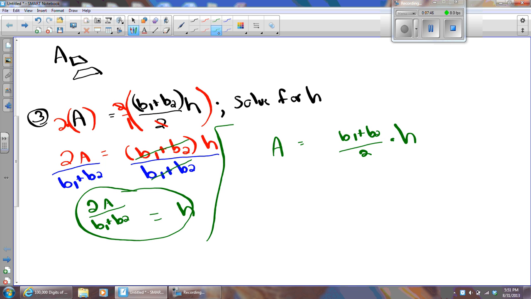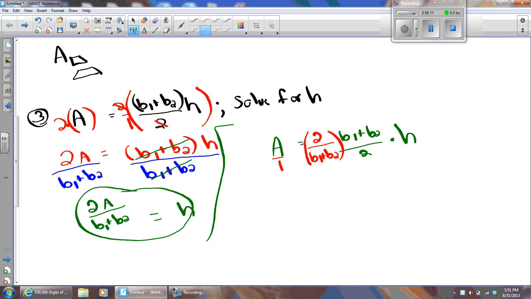Now, I know that I'm going to multiply by 2 and then divide by b sub 1 plus b sub 2. Well, isn't that like using the reciprocal, multiplying by 2, and then dividing by b sub 1 plus b sub 2? That's like using the reciprocal.